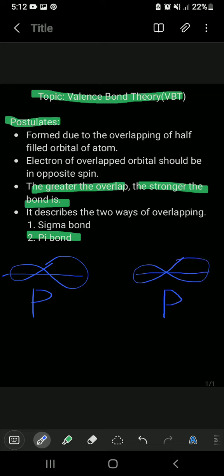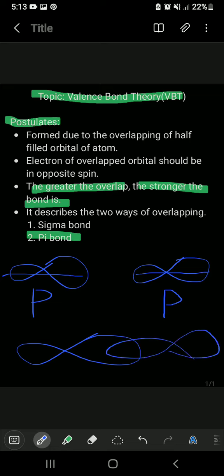The sharing is in the form of linear sharing. This is called linear sharing.